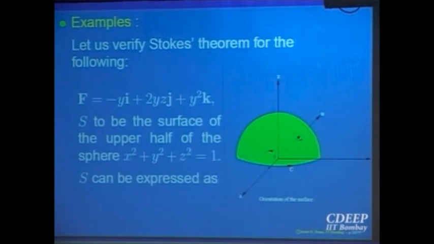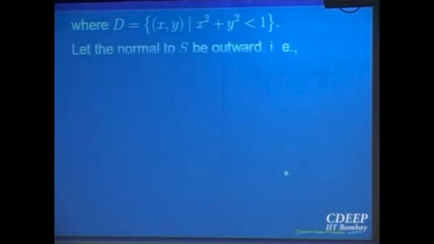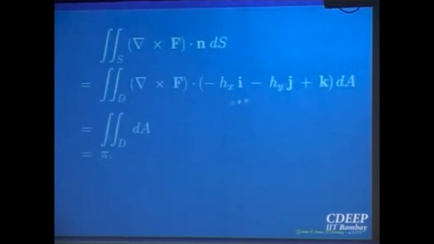So once that is done, we know how to find the normal, and so z is equal to f(x,y), and so normal is minus fx i minus fy j plus k, okay? So all computations are there. So compute the curl f dot n to compute the left hand side of the Stokes theorem. If you compute, okay, and put the values, it just comes out to be equal to pi.